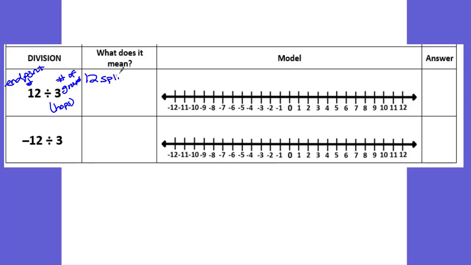Divide or split into 3 groups or hops or jumps. And we're looking for our size of jumps.